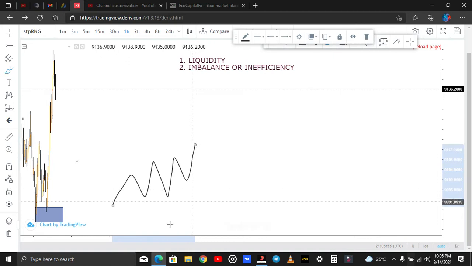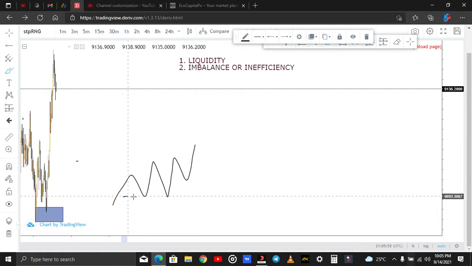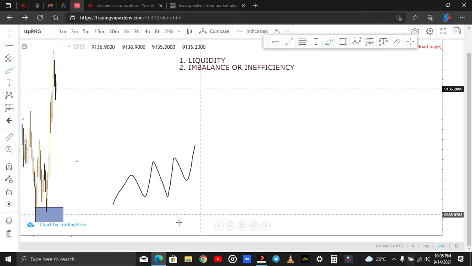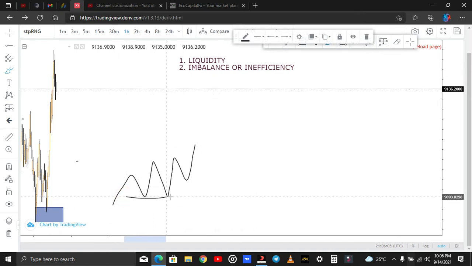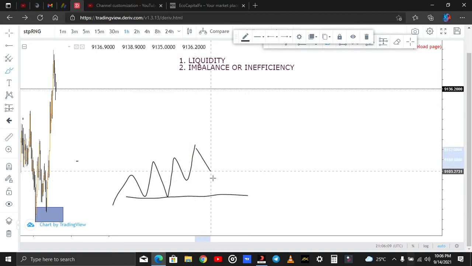Then here is a perfect low. Retail traders see this low and say this is a support zone, a very valid zone. So price comes back to this zone.